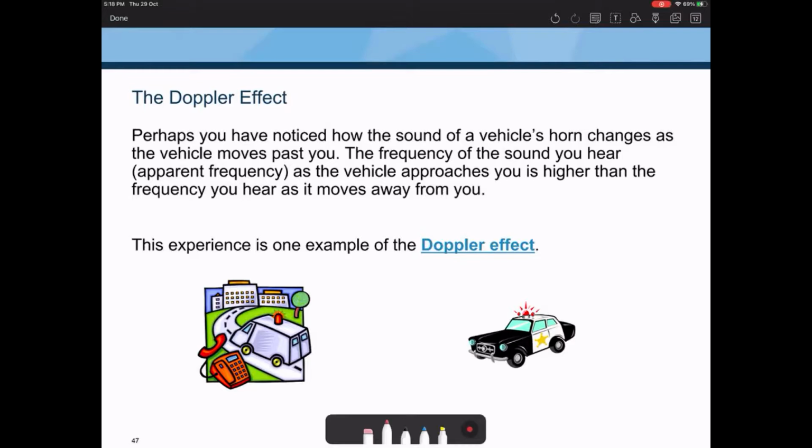First is that no matter whether it is the source or the observer moving, when you have a sound source that is performing a relative motion with an observer, there would be a change in the observed frequency.